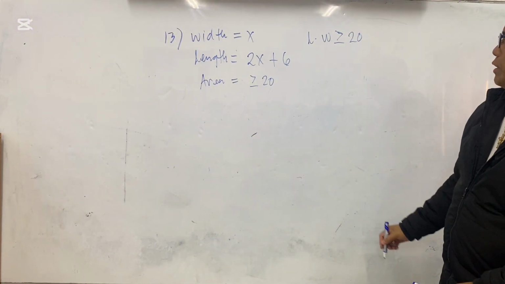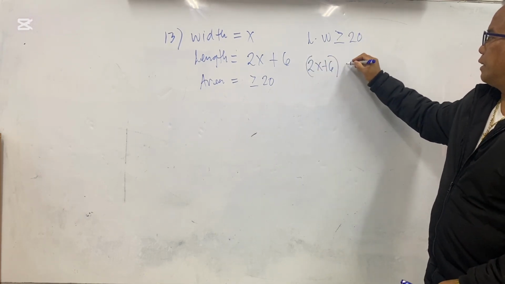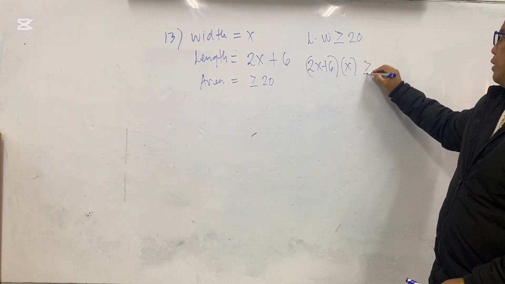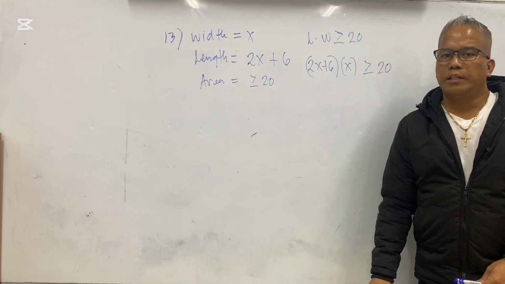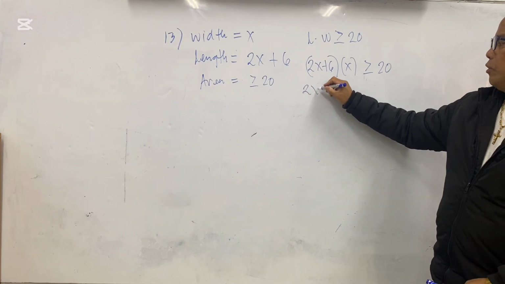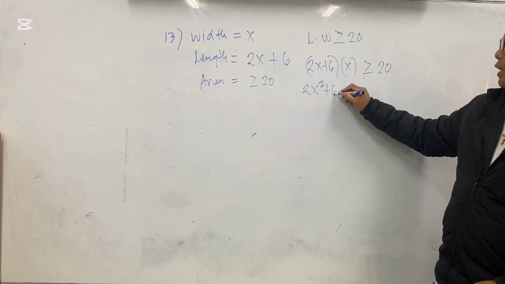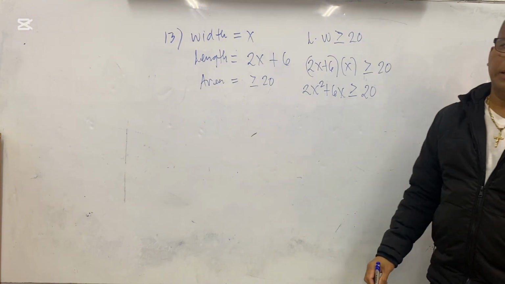And then we will substitute 2x plus 6 times x greater than or equal to 20. Then simplify using the distributive property. We have now 2x squared plus 6x greater than or equal to 20.